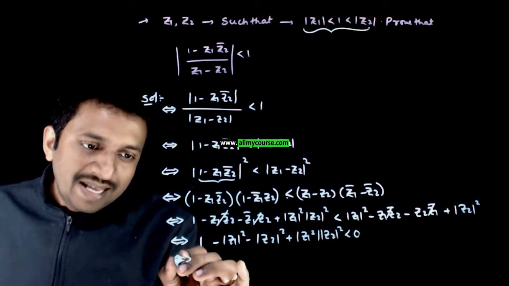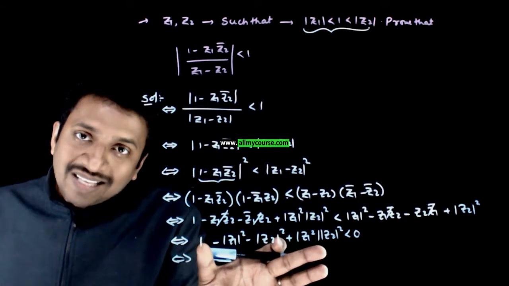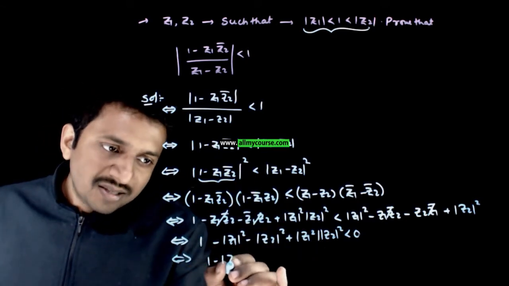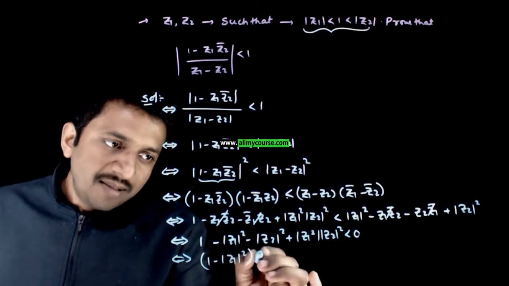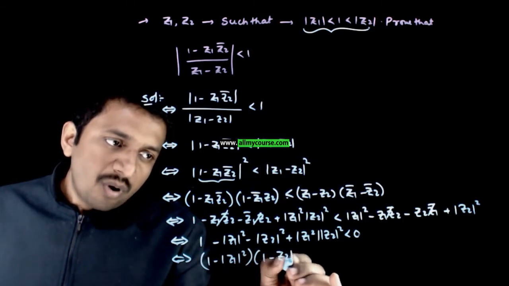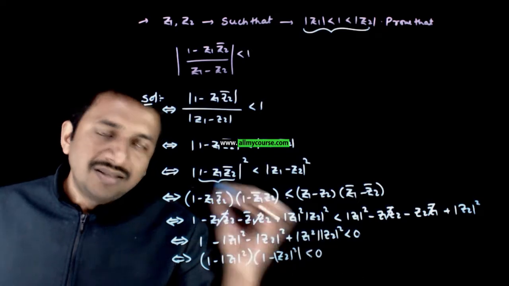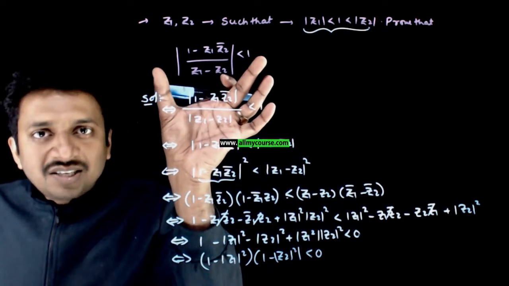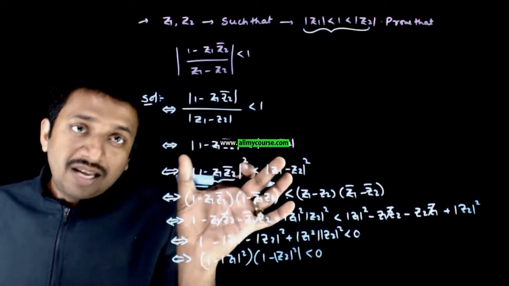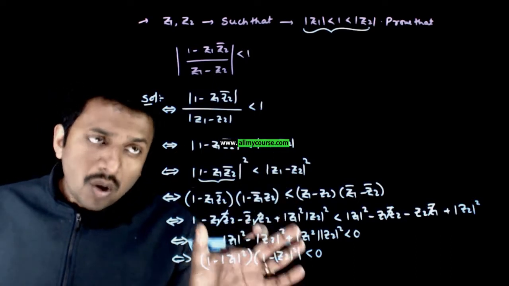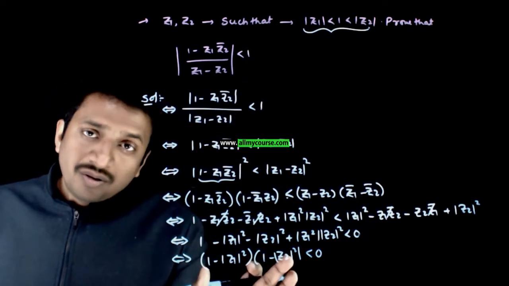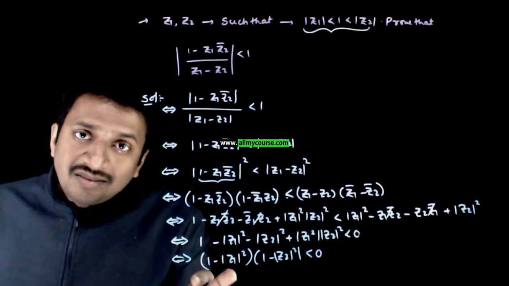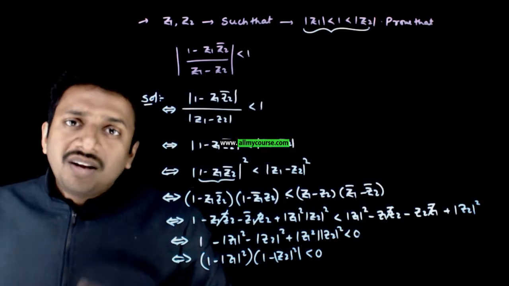This can be nicely factorized into 1 minus mod Z1 square times 1 minus mod Z2 square is less than 0. So if this has to happen, that follows this, so on. This follows this. And this is obviously true from the given condition.